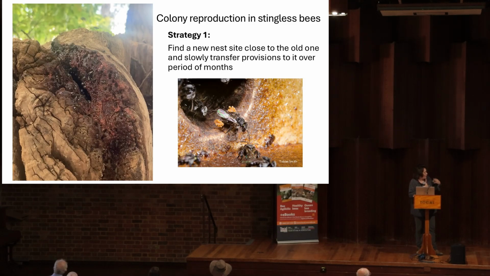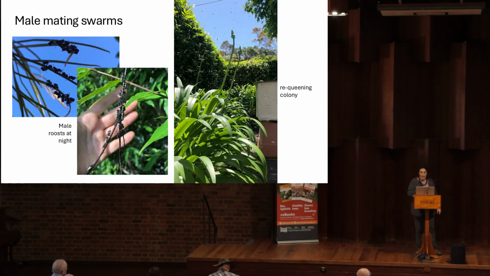And so the only kind of swarm that you will generally observe when we're talking about this first strategy of stingless bee colony reproduction will be a male swarm.